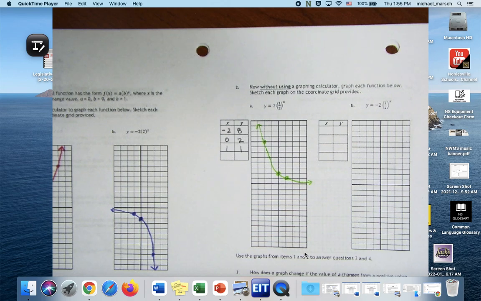And I've got y equals -2, 1 divided by 2. Yep. Got ourselves a reflection there.